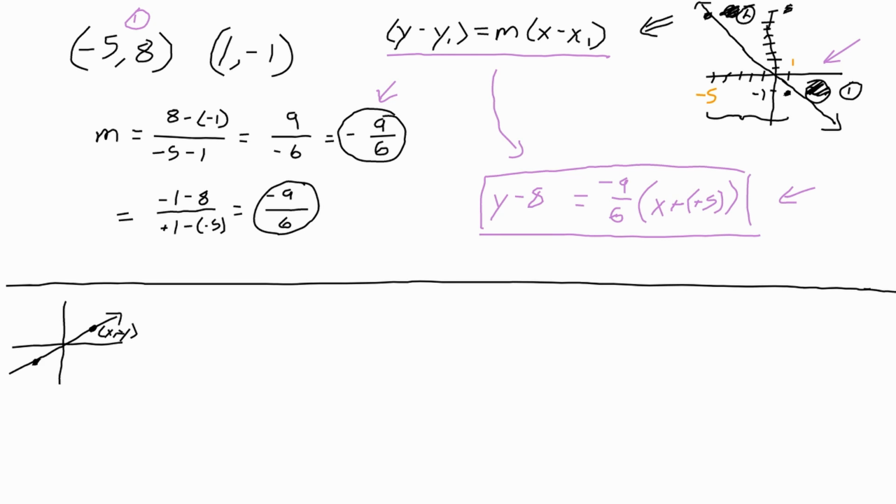If I start at some x1, y1, all I know is if I am on a line, that means I have a slope that's consistent, a slope that's constant. So m has to be the exact same number for any of these points.